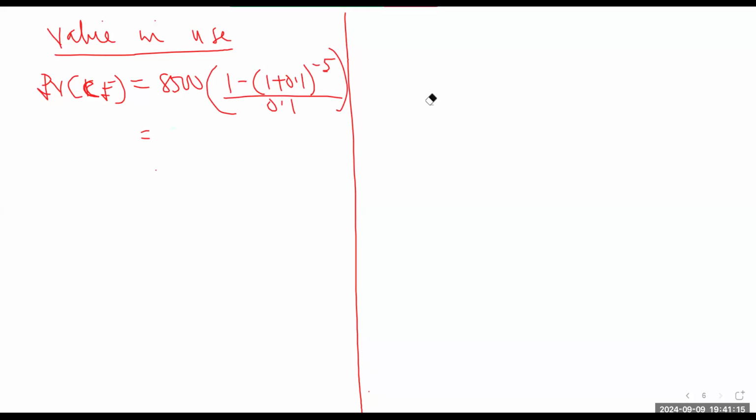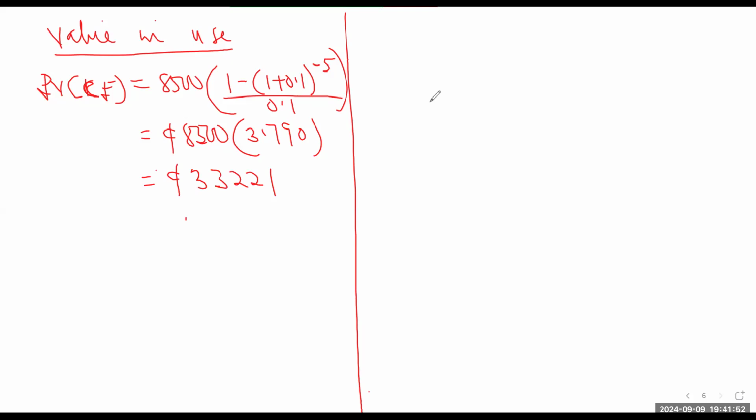To 3 decimal places. 3.79. Okay, 3.79. So what are we having as the value in use? 32,221.